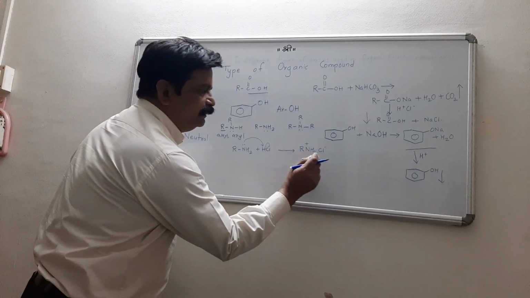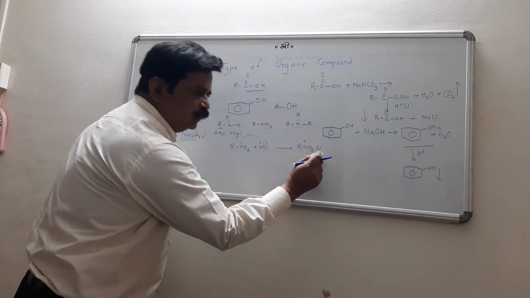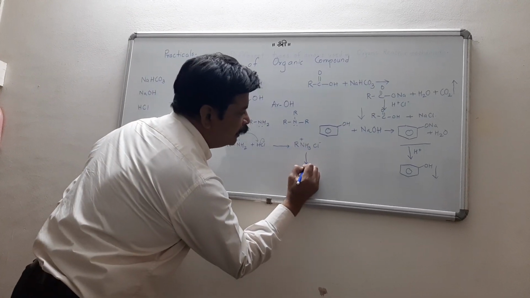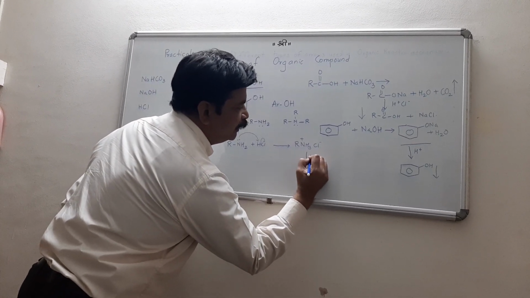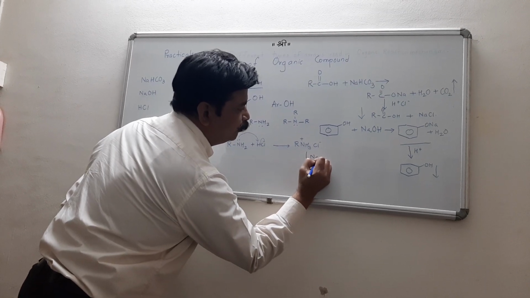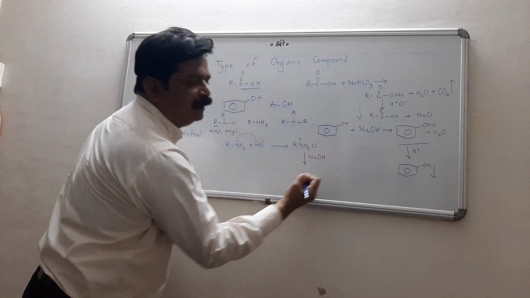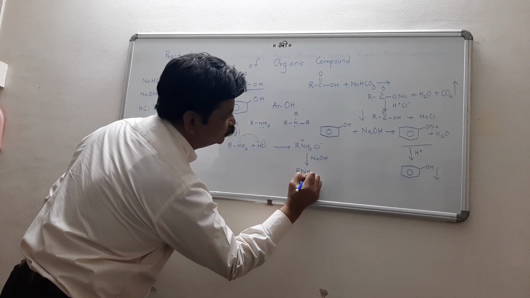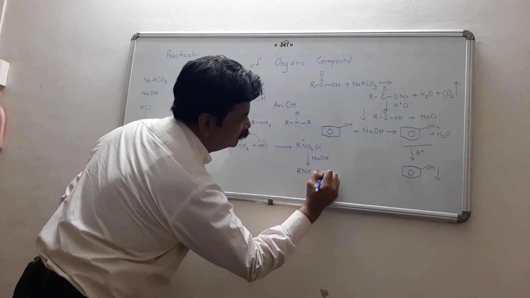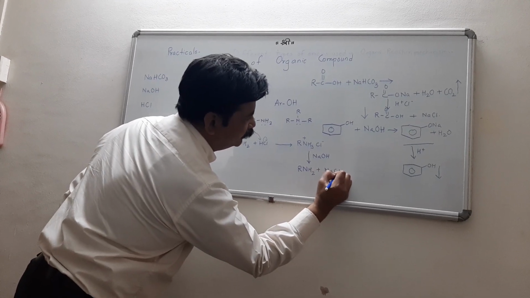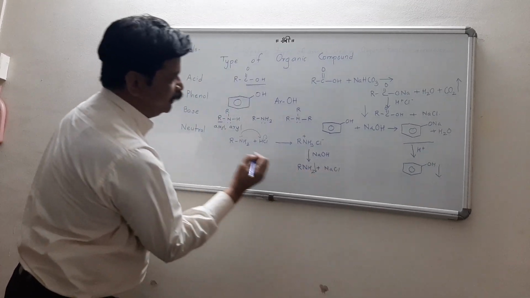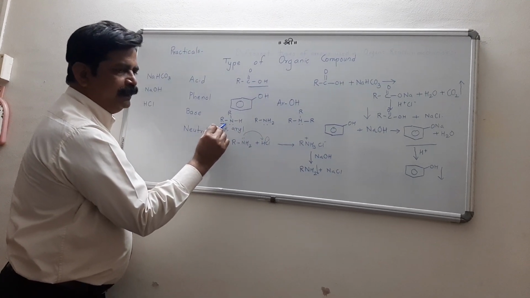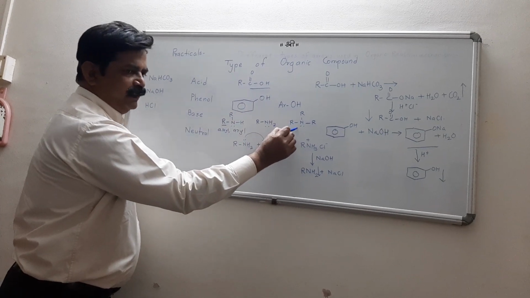So it also gets dissolved in water and reprecipitates by adding opposite reagent like alkali. HCl gets neutralized and amine is regenerated. Same thing happens for secondary amine, tertiary amine.